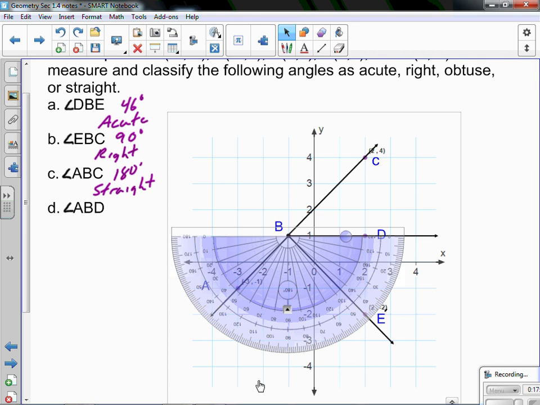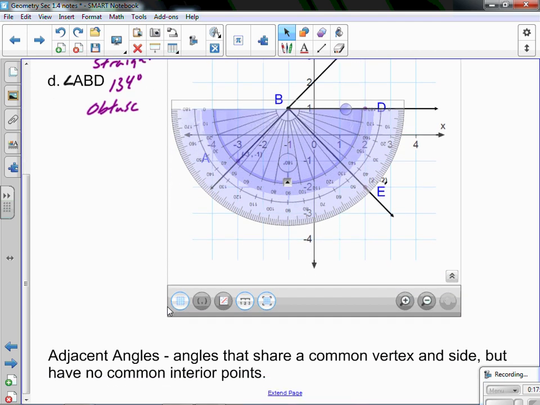So 134. And that would make that an obtuse angle. And so that finishes that example.